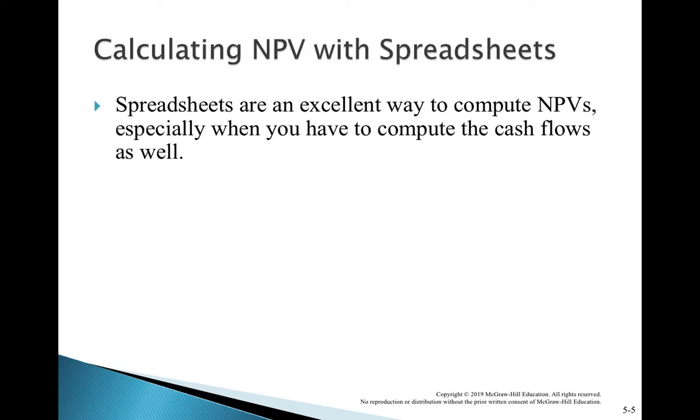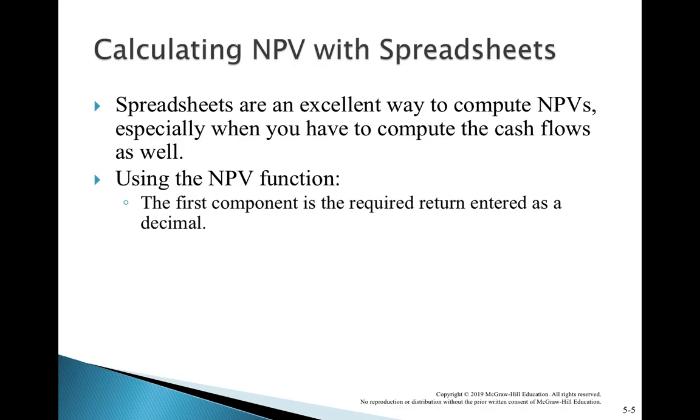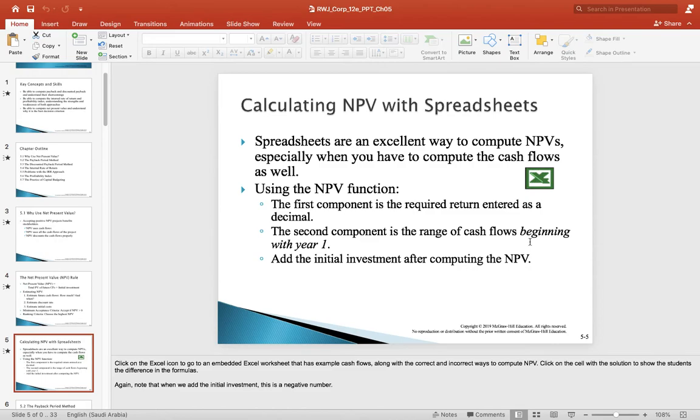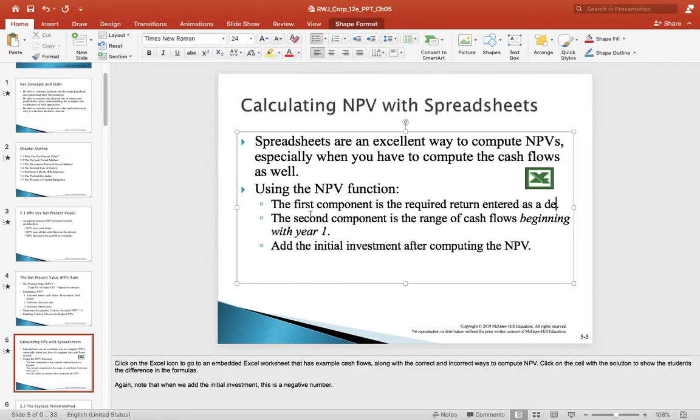Calculating NPV with a spreadsheet. In the spreadsheet we have an NPV function. You can calculate straight with the function called NPV. The first requirement is the required rate of return, entered as a percentage, not a decimal.